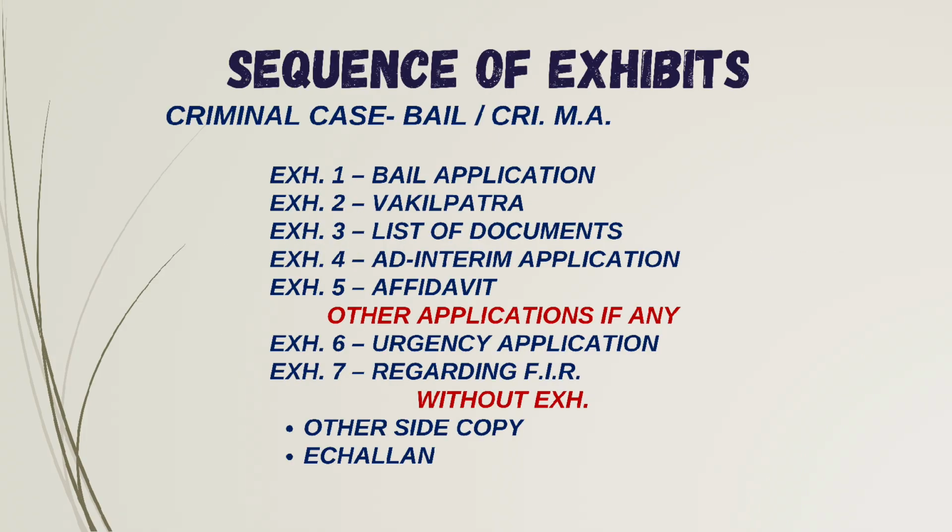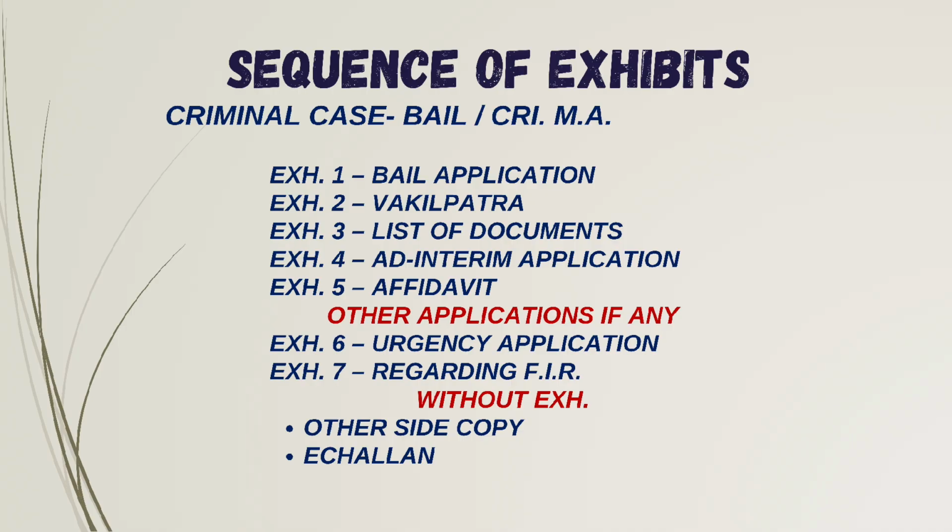The sequence of exhibit in criminal cases or the miscellaneous application: exhibit 1 is usually the bail application or the main application, that miscellaneous application. The second exhibit is wakalatnama, wakil patra. Third exhibit is the list of document. Exhibit 4 is any interim application, ad interim application.